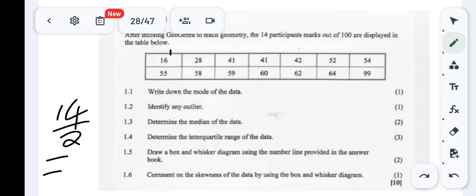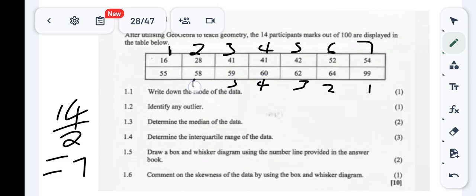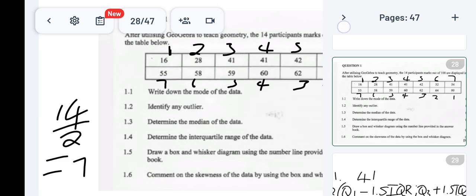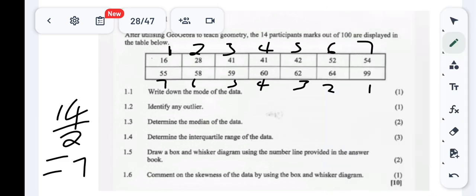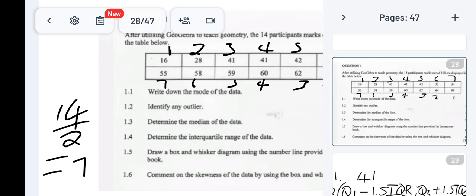At position number 7 from the left hand side, 1, 2, 3, 4, 5, 6, 7, we have 54. At position number 7 from the right hand side, we have 55. For an even number, you will have two middle terms, in this case 54 and 55.